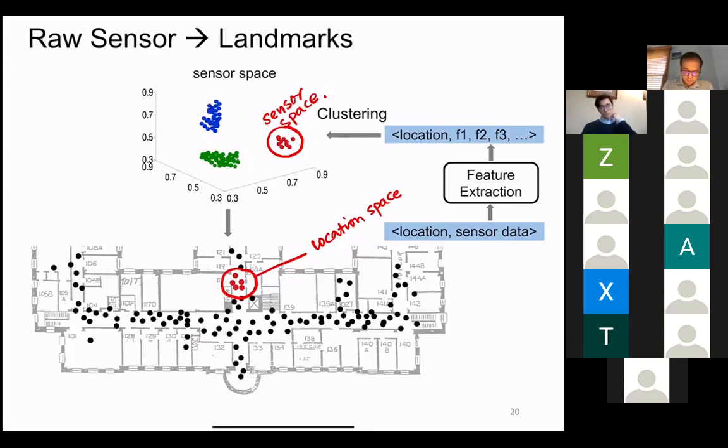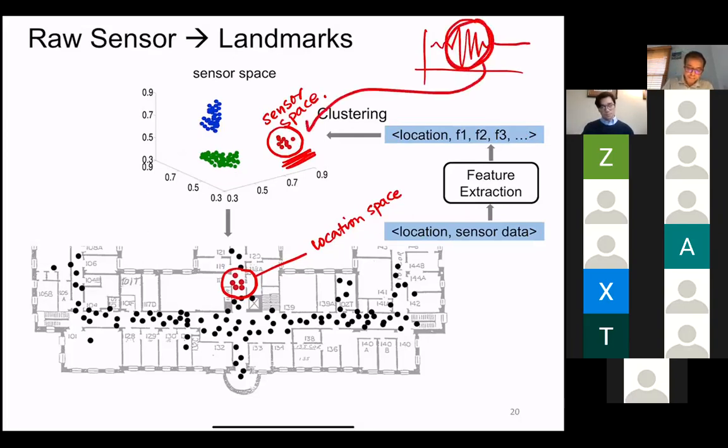So these red points turn out to be close to each other in the location space as well. That means whatever this pattern is, I don't know what that pattern is, it might be something like that. This pattern, which may correspond to this cluster, happens to all come from this location over here.